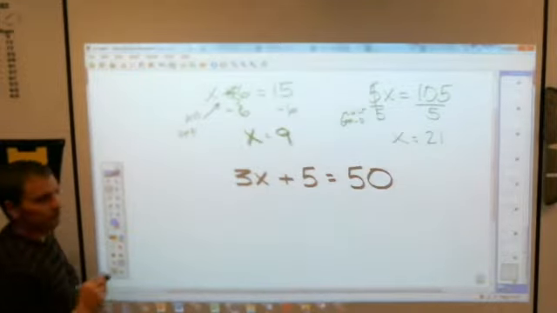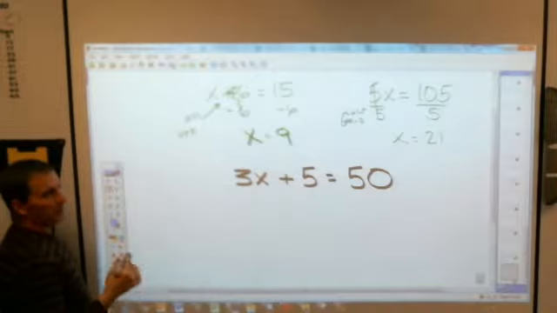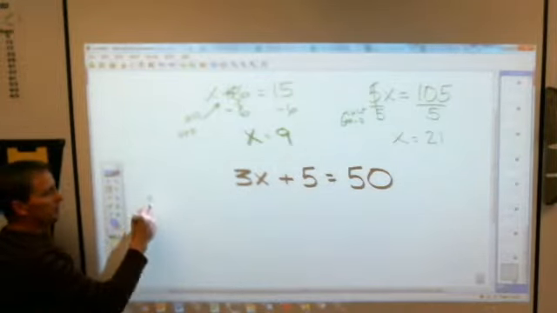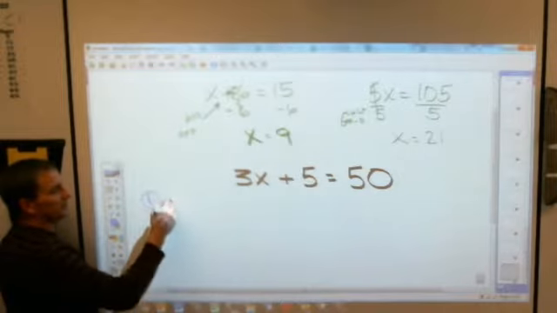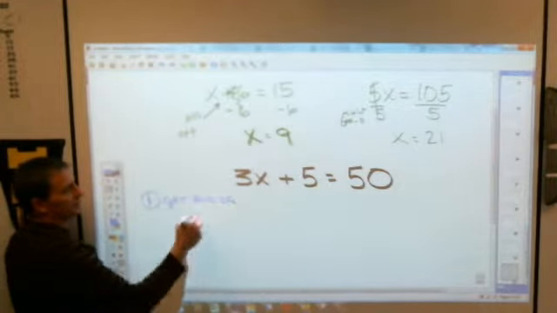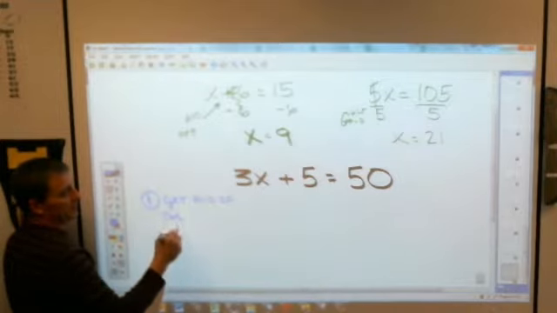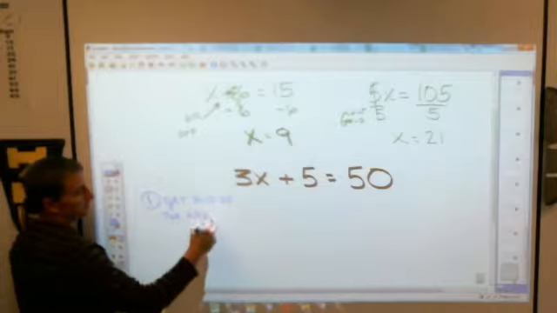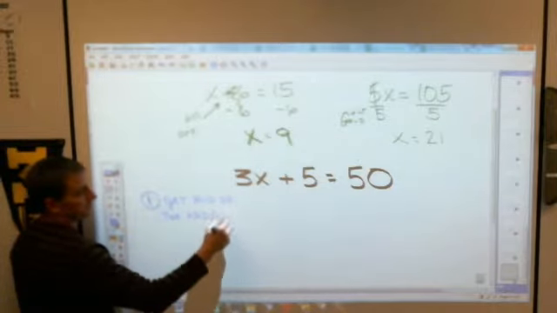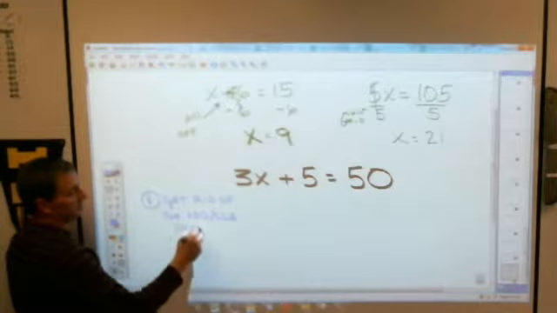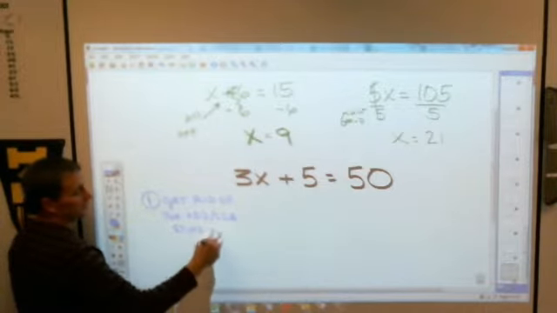The only thing you have to remember is this. Okay, it's unlike order of operations. You always, always, always get rid of the addition and subtraction stuff first.